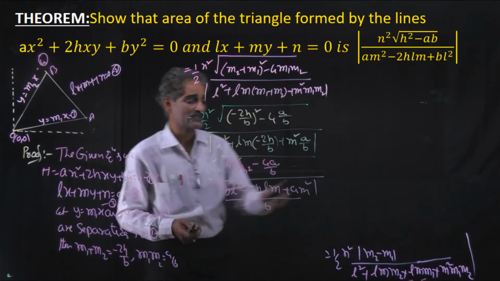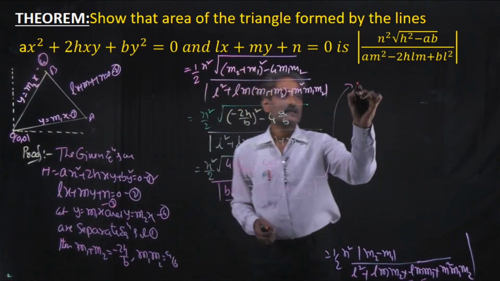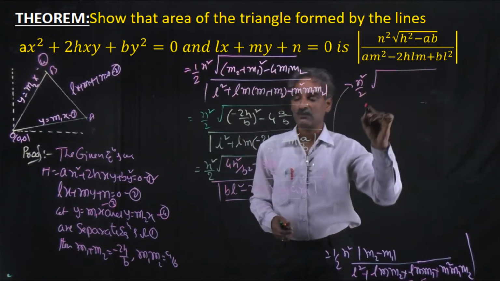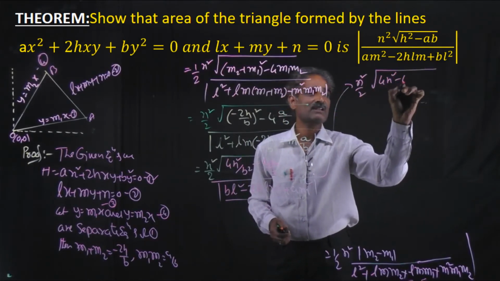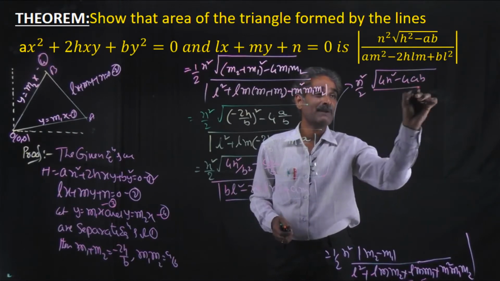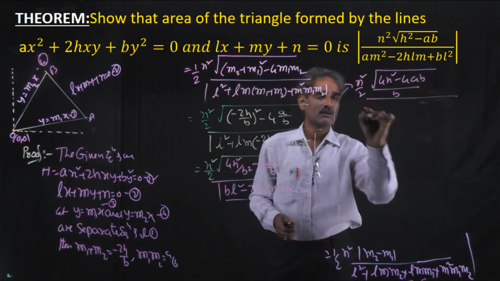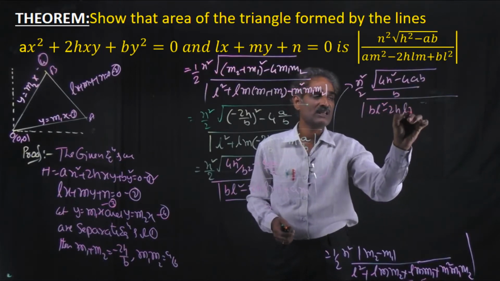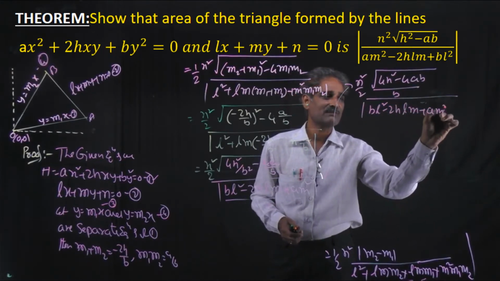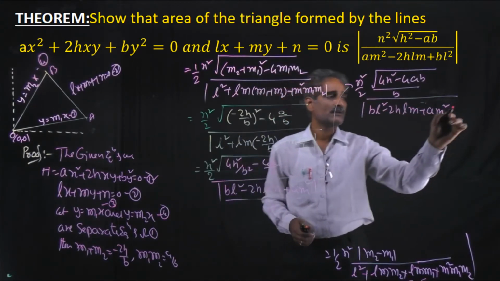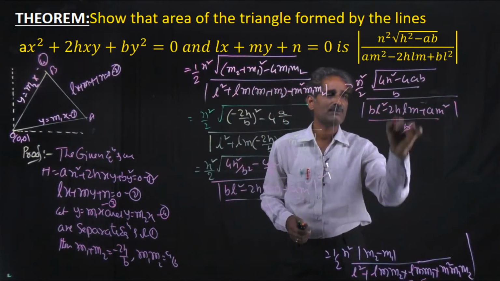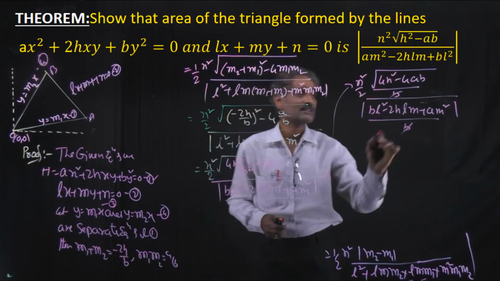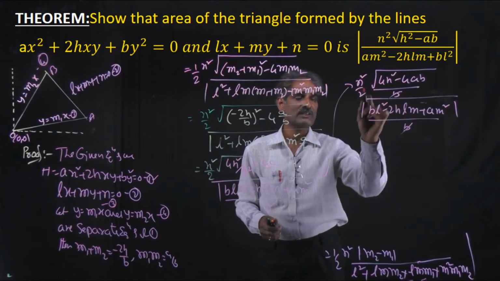So from this, n square by 2 into square root of 4h square minus 4ab by b, by modulus of b l square minus 2h l m plus a m square by b. Here b gets cancelled. Now the area of the triangle OAB is, so here we can take 4 common, 2 will get cancelled.